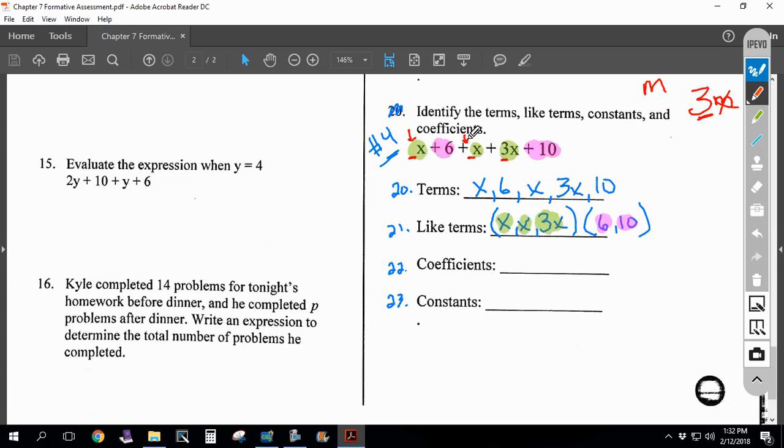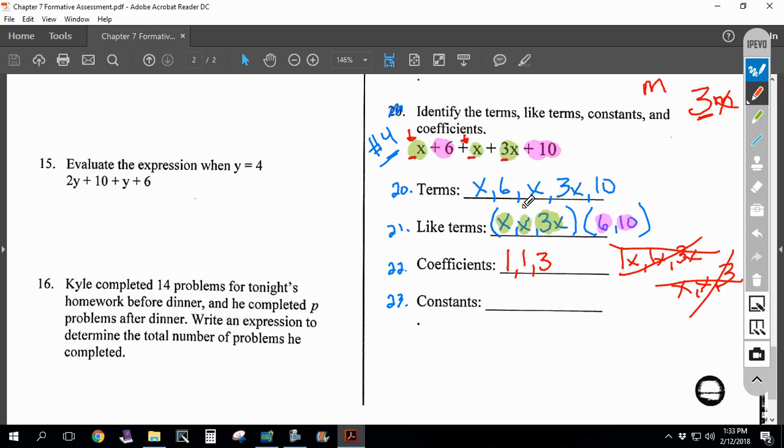But as I went over with you during class on numerous occasions, there is absolutely an imaginary 1 there. So here's your coefficients, 1, 1, and 3. Those are your coefficients. If you put it as 1x, 1x, and 3x, it is wrong. If you put it as x, x, and 3, it is wrong. You had to have it exactly like I have it here, or it's wrong.